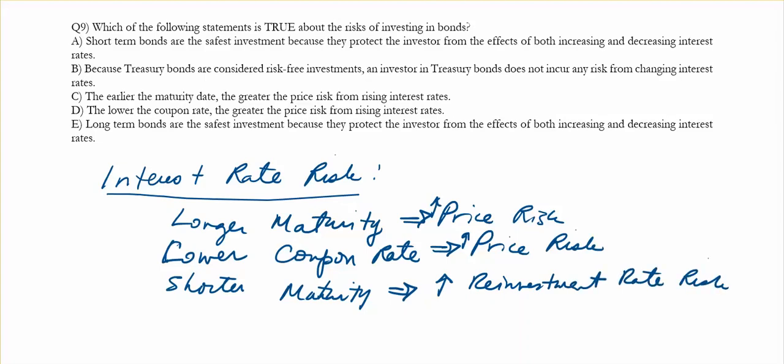So if a bond matures sooner and interest rates go down, you would have to reinvest the proceeds from that bond that's matured into lower interest rate bonds. And higher coupon rate bonds also have more reinvestment rate risk.